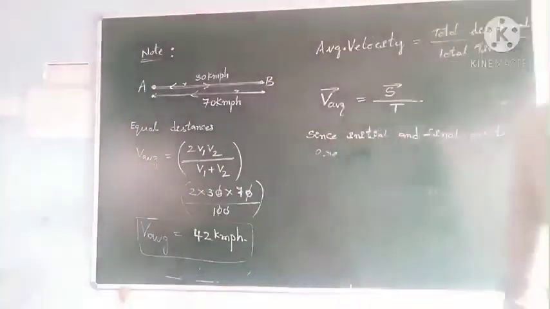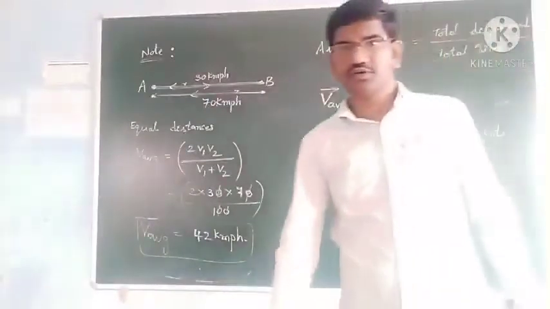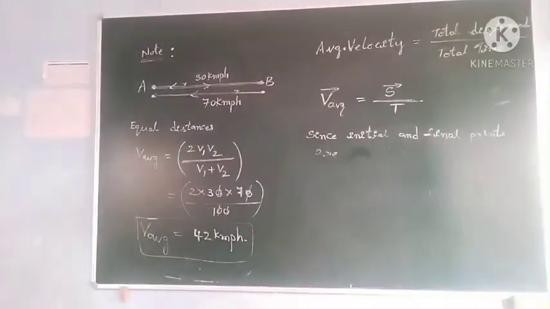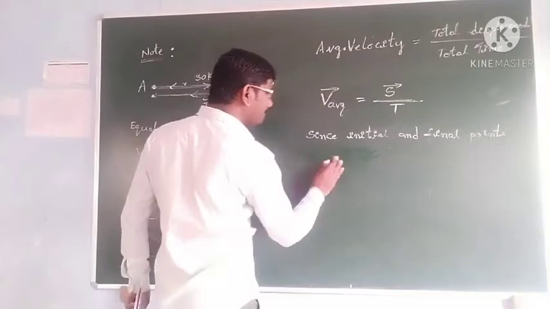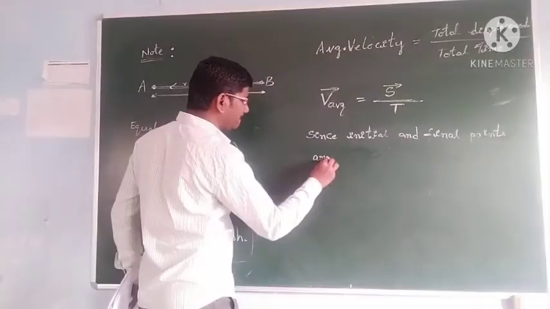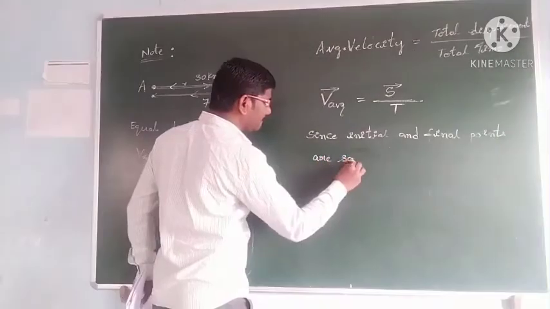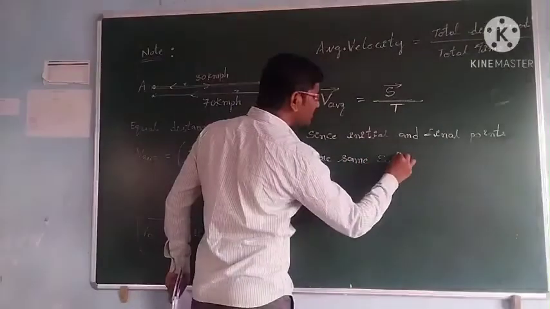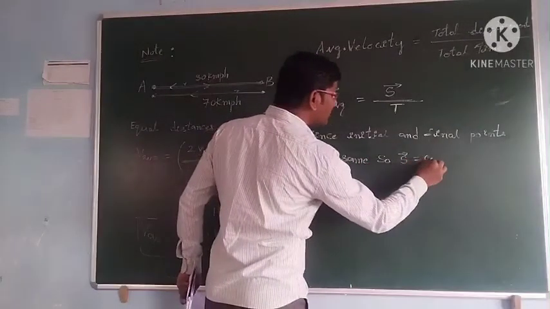So what will you get students? Initial point and final point are the same, so displacement vector S bar is equal to 0.